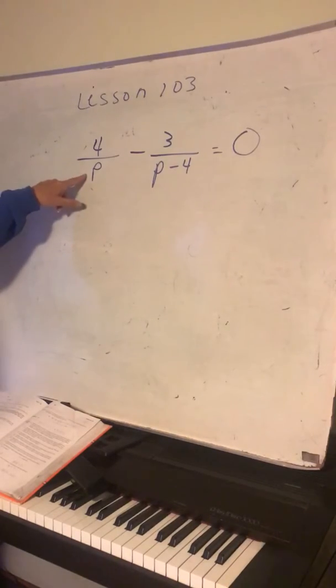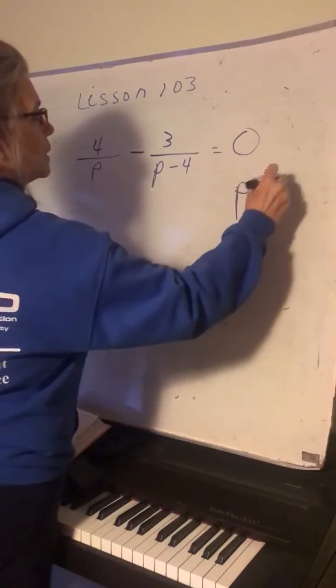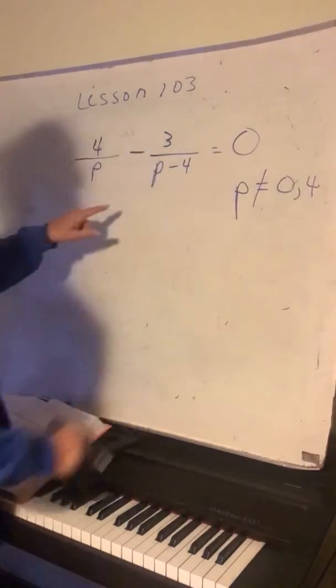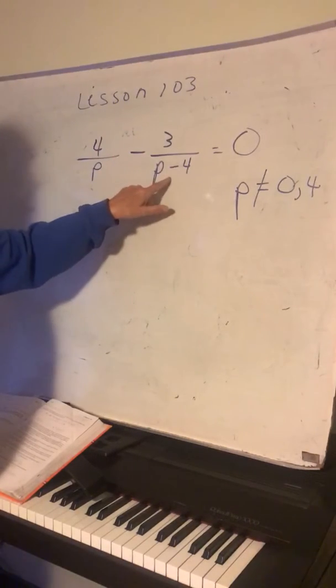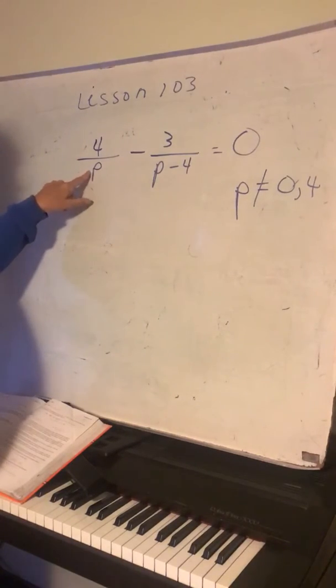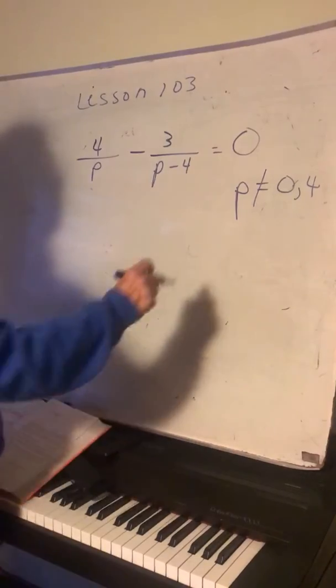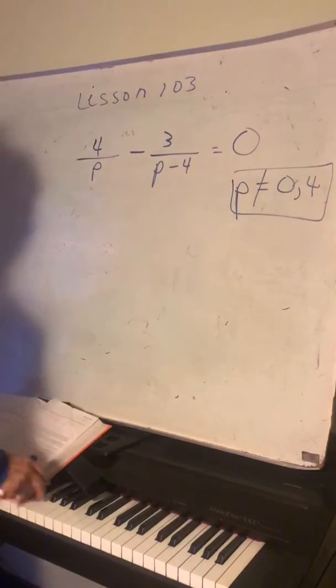It can't be equal to 0 for this one. p cannot be equal to 0 or 4. If you have a 4 here, you get a 0 on the bottom, a denominator of 0. That is not able to be done. If you get a 0 here, same thing. So these are the two that will not be solutions. When you solve this, if you end up with those as solutions, those are not solutions.